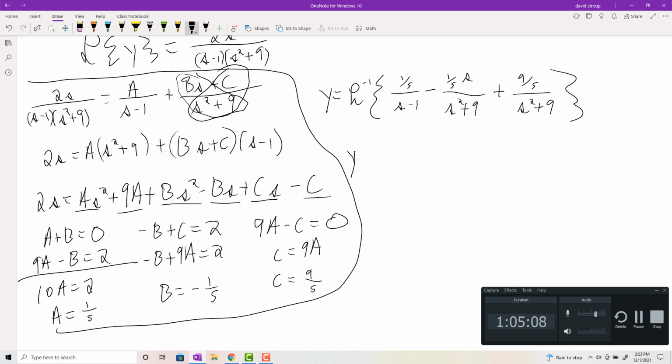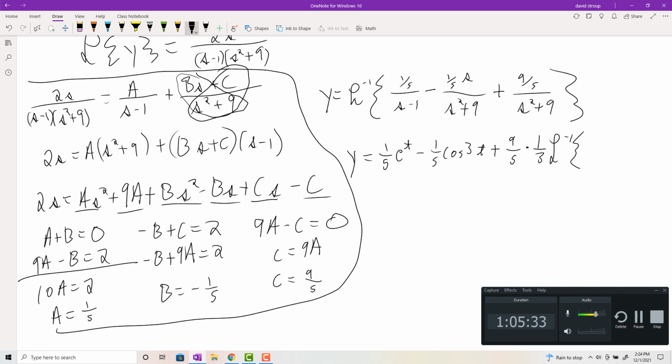So you get y equals 1/5 e to the t minus 1/5 cosine of 3t. And then for this last one, you need to introduce another factor of 1 over 3 for it to work, right?